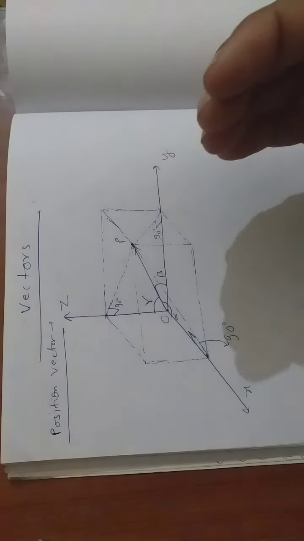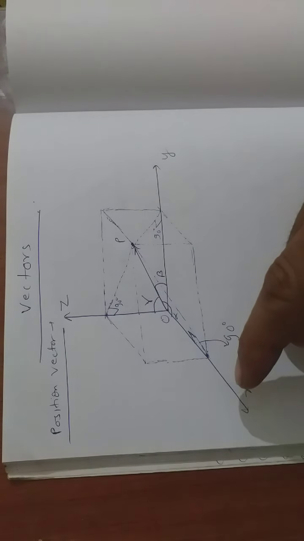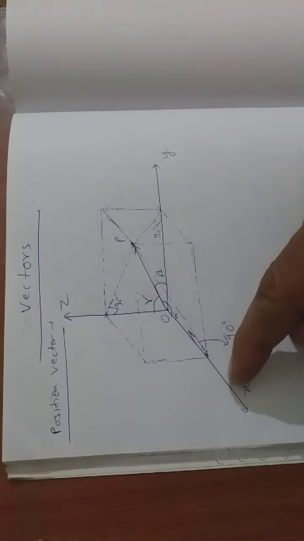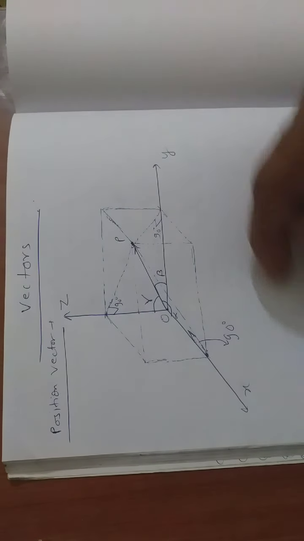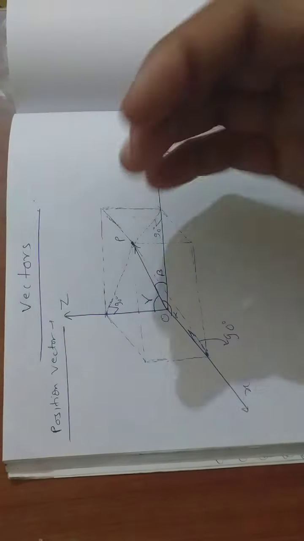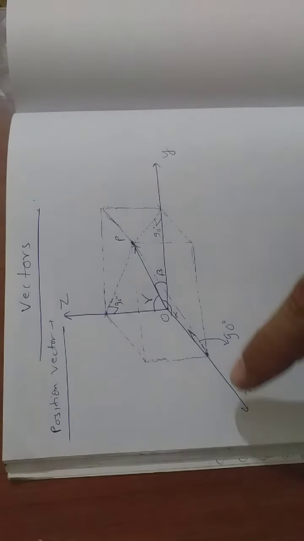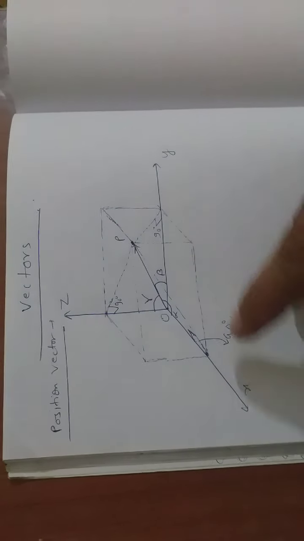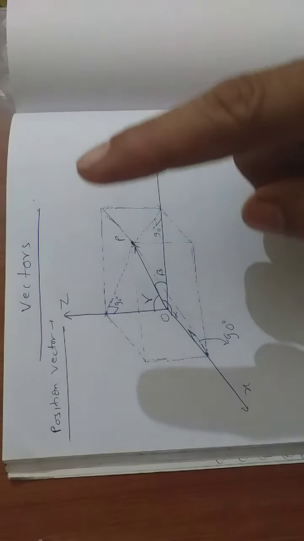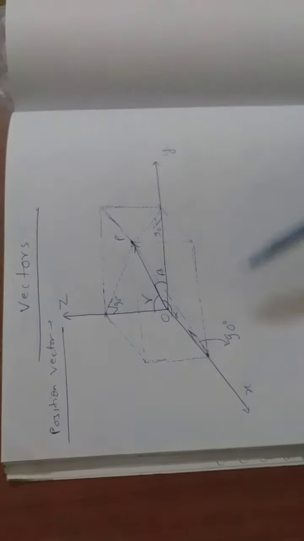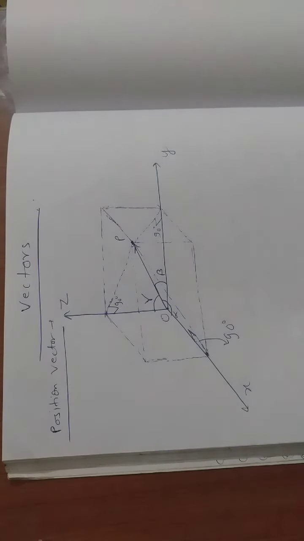If we rotate from x to y in the anti-clockwise direction, then we will find the z-axis, perpendicular to the xy plane, in the upward direction. So this is the right-handed rectangular coordinate system.